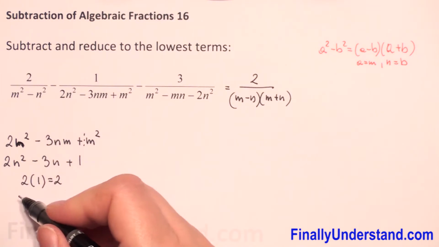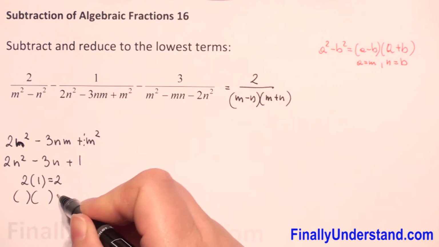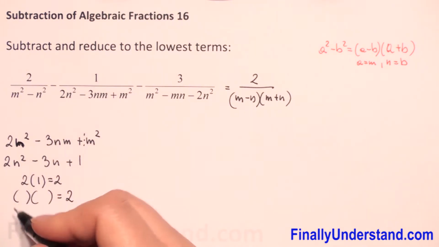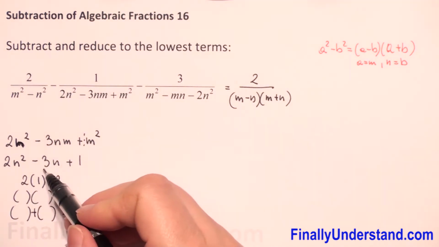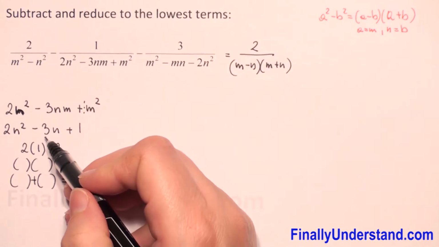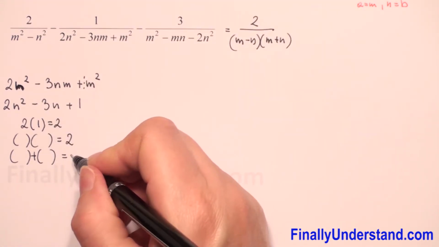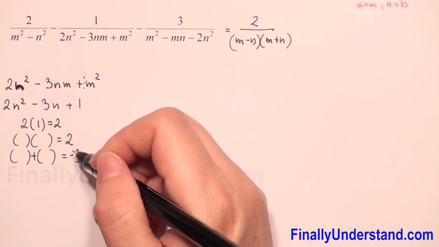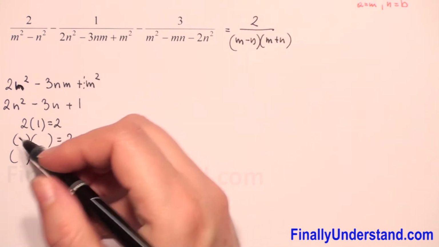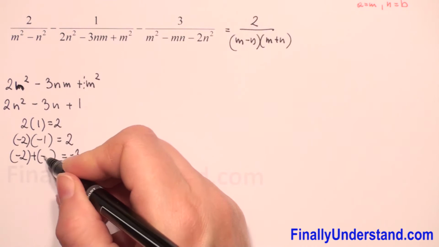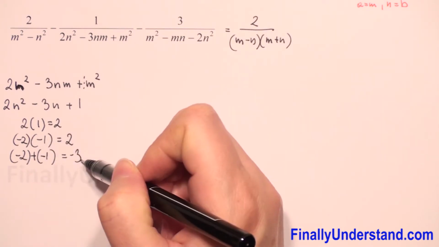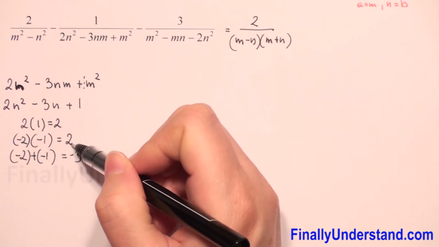And next we have to find two numbers which multiply to give 2, and when I add these two numbers, I have to have negative 3, the coefficient before n. So it will be negative 2 and negative 1. When I add these, I will have negative 3. When I multiply, it will be 2.